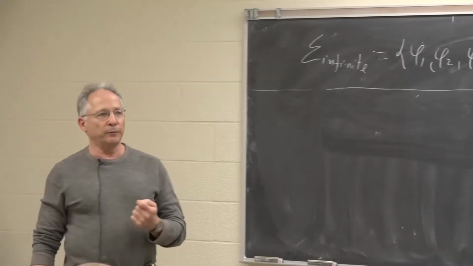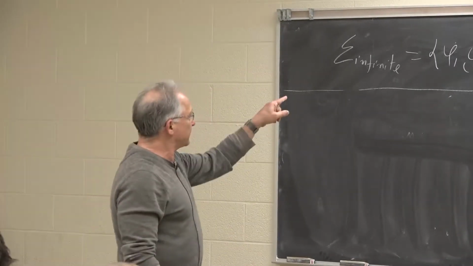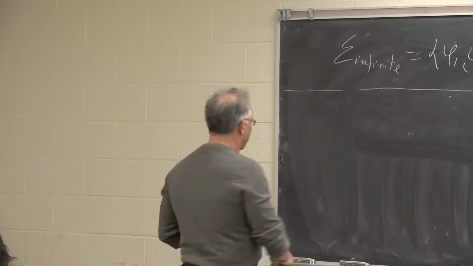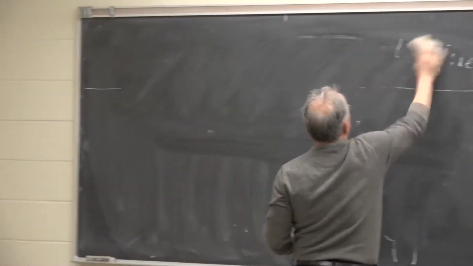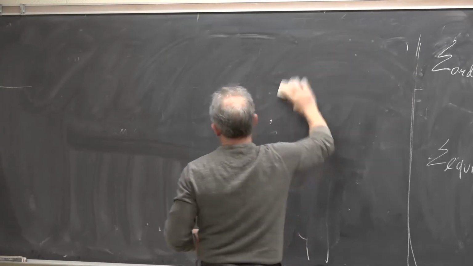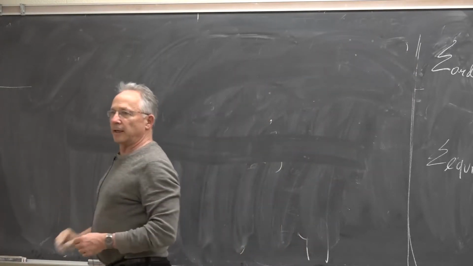If you want to define a universe of sets, I can say for this same language that has only one two-place relation R, I want to talk about an interpretation as sets.